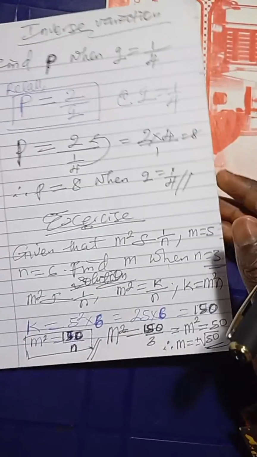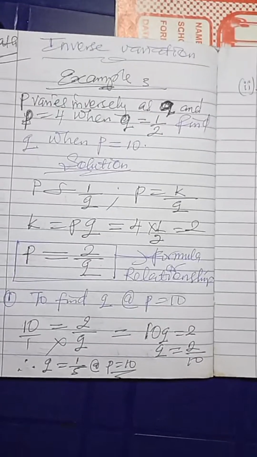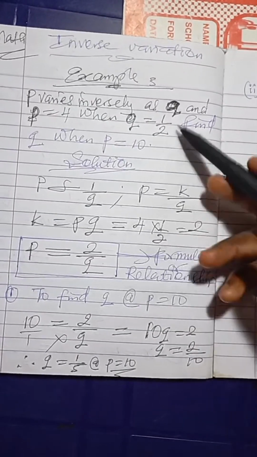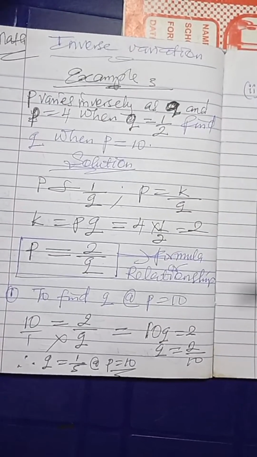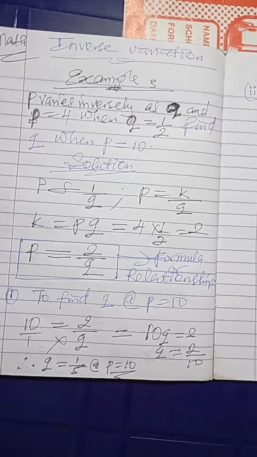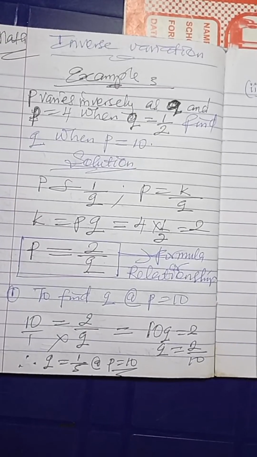I hope you have gotten what I've done here. All right, so have a glimpse of it again before we call it a day for today. Then our next class will consider joint variation, which is the combination of both direct and inverse.